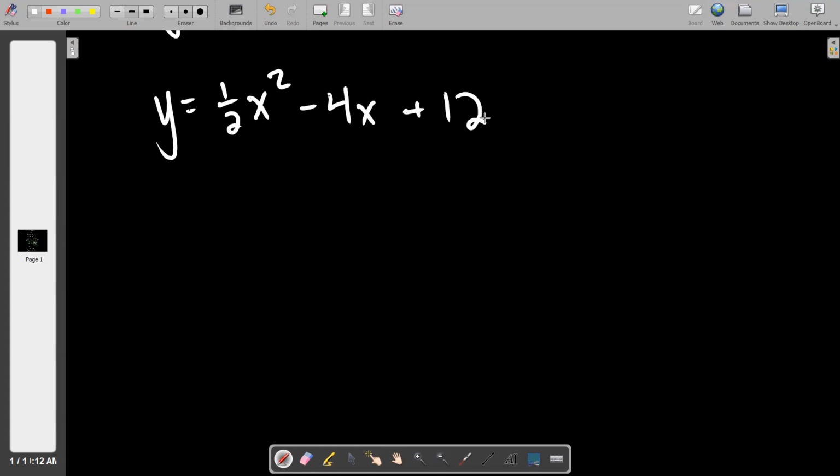So we want to be quite structured with the steps, the process. So going back to the last example, what was the first thing we did? Let's move that 12. That should just be a good first habit, is let's clear a little landing zone for the completing of the square. So let's say y equals 1/2 of x squared.